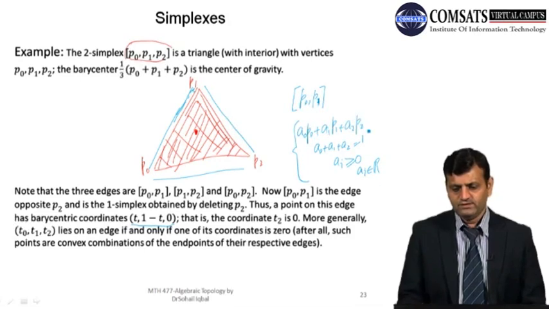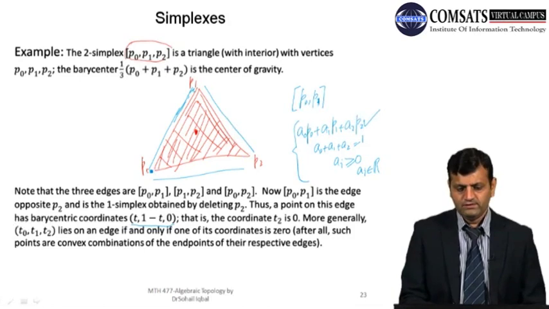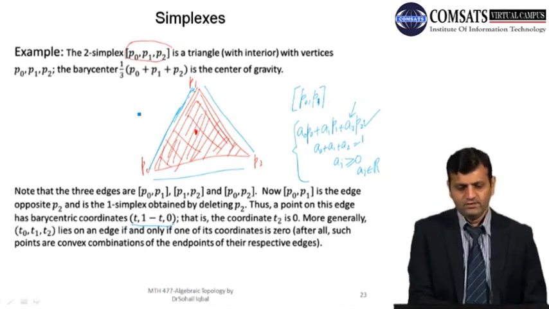Under these conditions, these are all the points. But if we are taking only the simplex generated by P0 and P1, then we should take A2 to be equal to 0. So the elements of the 1-simplex generated by P0 P1 are basically A0 P0 plus A1 P1, where A0 plus A1 equals 1 and the Ai are greater than or equal to 0.